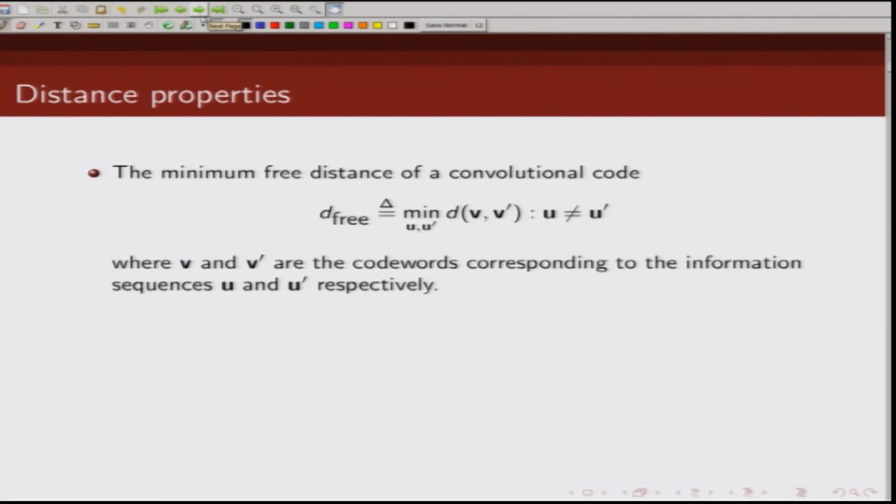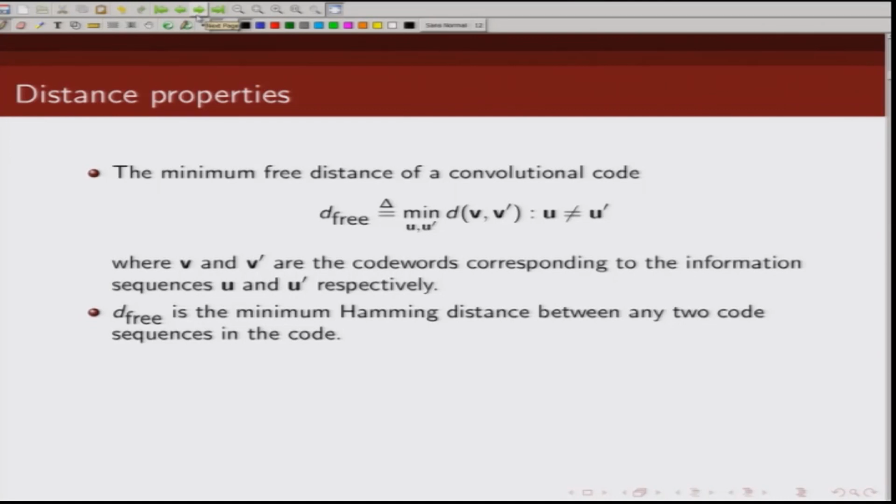what we mean by minimum free distance of a convolutional code. The minimum free distance of a convolutional code is defined as the minimum Hamming distance between two code words v and v hat, where v and v hat are two code words corresponding to information sequences u and u hat, where u and u hat are two different information sequences.